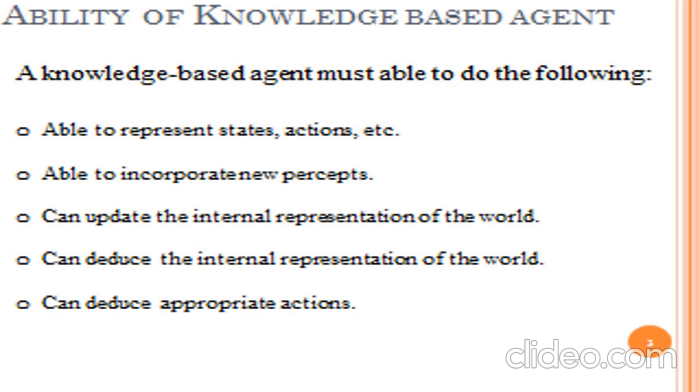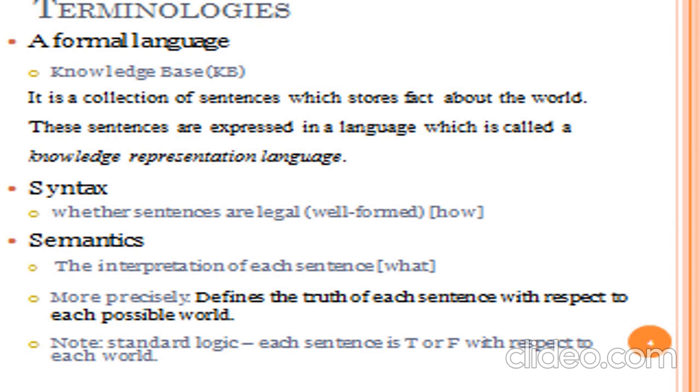Now let us understand some terminologies used for knowledge-based agents. The first is a formal language. This is basically a knowledge base. It is a collection of sentences which stores facts about the real world.